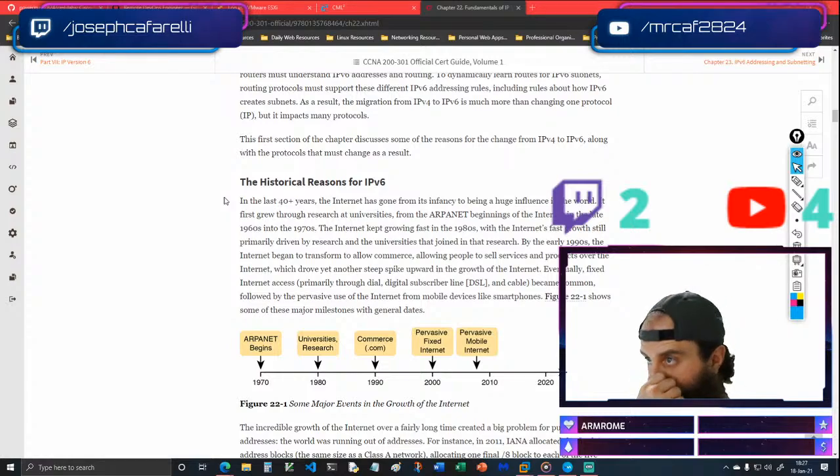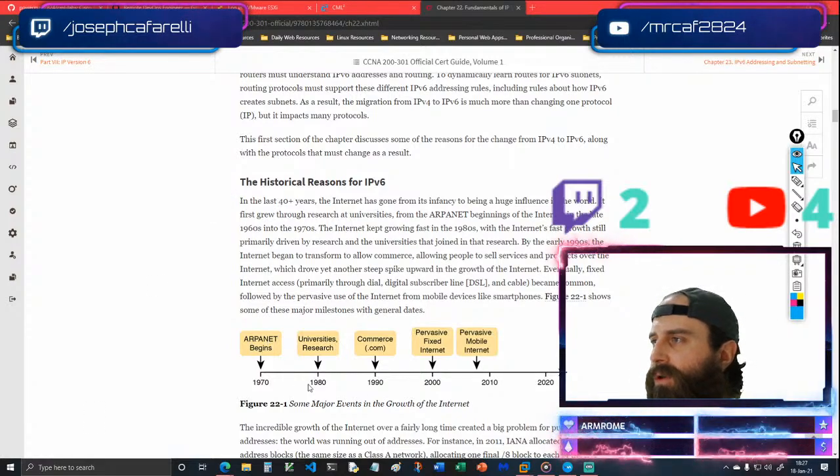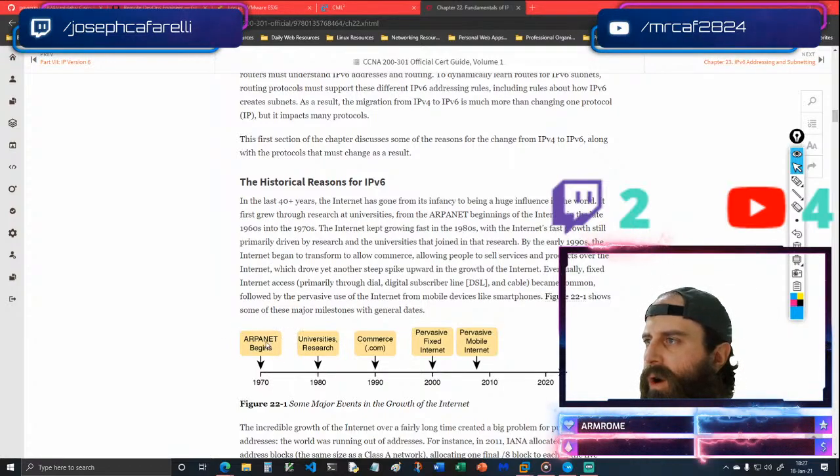So we have its earliest beginnings in the late 1960s into the 1970s here. All right. So we have the ARPANET. Is that how you would say that? ARPANET. All right. In the 70s, and then we have some research going on into the early 80s.